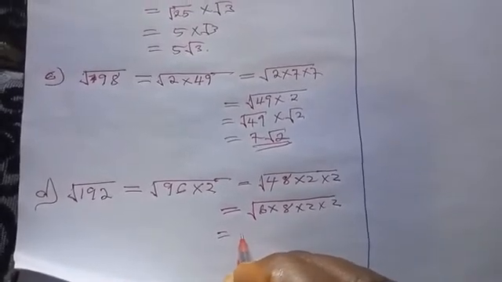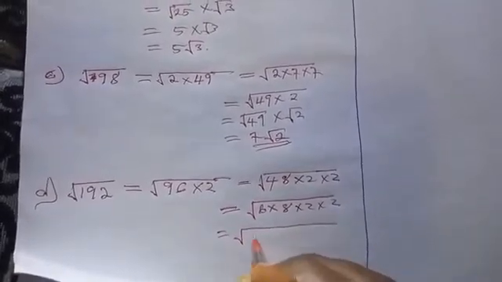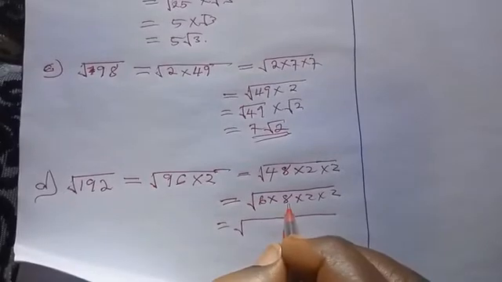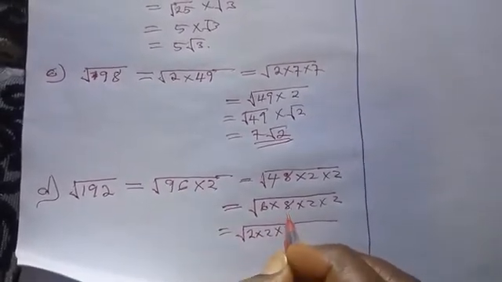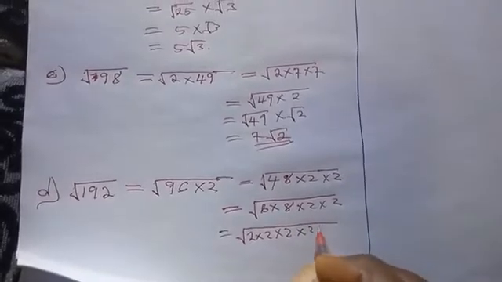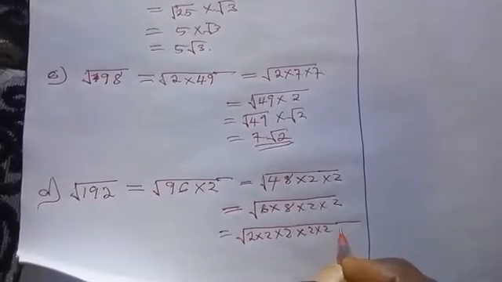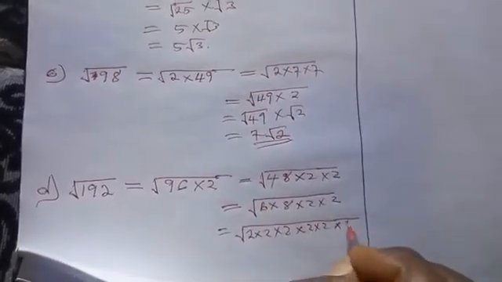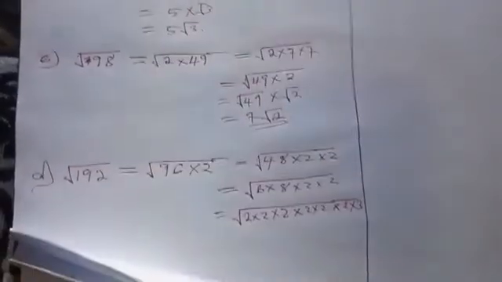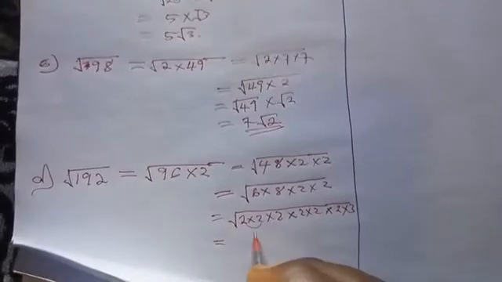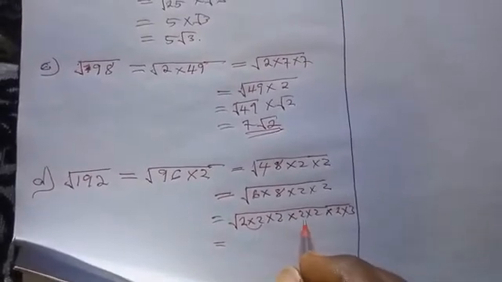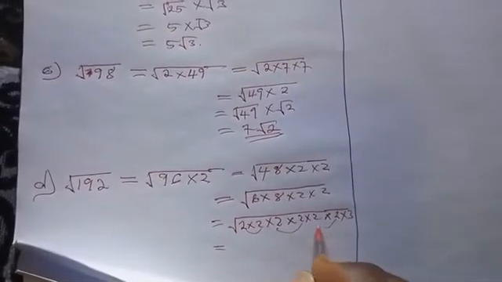So we can have square root of, okay, I have 2 times 2 times 2 for this 8. And then times 2 times 2. Then I have for 6, 2 times 3. You see that? And then this forms a perfect square. These two form a perfect square. These two form a perfect square.